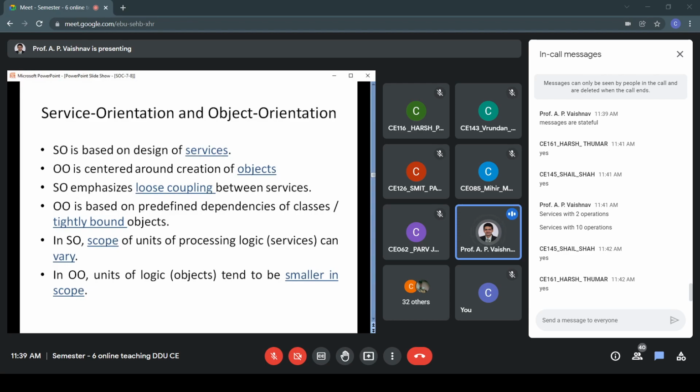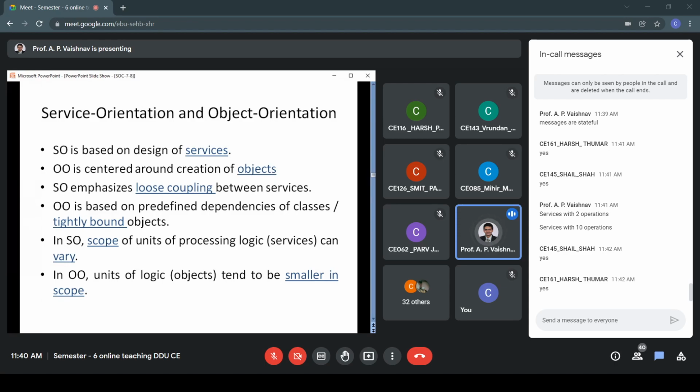It is not possible to have such a class diagram. The third is that the scope of service logic can vary. You can have a service having only 2 operations, or a service having 10 operations, while in object orientation, the scope of an object is limited. Why are we comparing this? Because in SOA, the unit of logic is a service, while in object orientation, the unit of logic is an object.